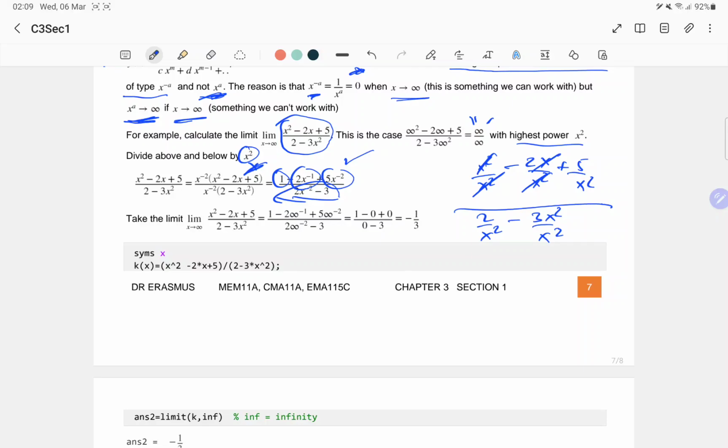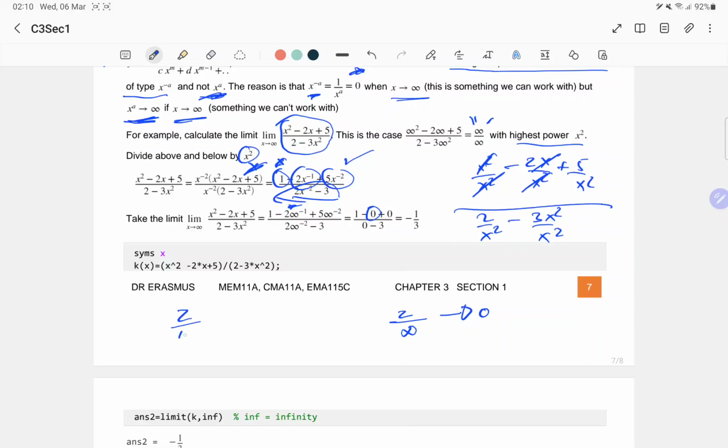So we're going to have 1. Remember, the first term of the numerator is 1. The second term will give us 0. Why? We have 2 divided by a very large number, so this tends to 0. You can try this out on your calculator.